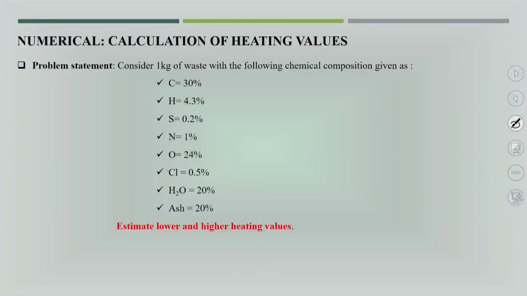So, this numerical will be solved, where we consider 1 kg of waste with the following chemical compositions given, like carbon 30%, hydrogen 4.3, and likewise the other percentages. The problem statement is to estimate the lower and higher heating value.